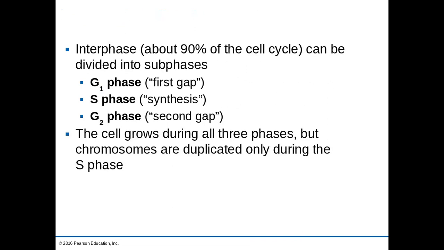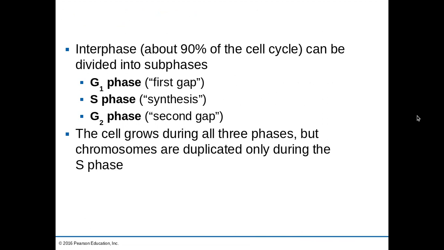Interphase can be divided into three subphases. The G1 phase is gap 1, the S phase is synthesis, and G2 is the second gap phase. The cell is growing and getting bigger during all the phases, but especially the G1 and G2 phases. The S phase is called that because that is when DNA is being synthesized, or replicated.